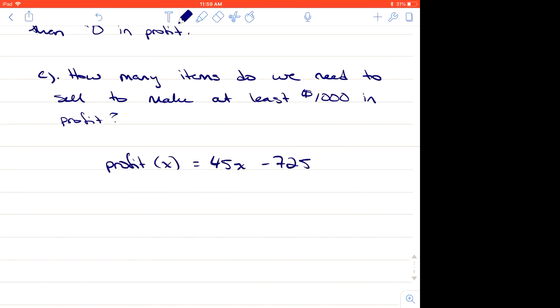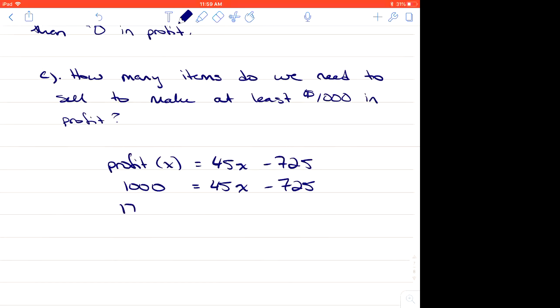So now we're saying that our profit has to be at least $1,000, and we have to solve for x again. The exact same type of question, just we've changed the amount of the profit. So again, to solve for x, we have to add 725 to both sides. So we get 1725 is 45x.